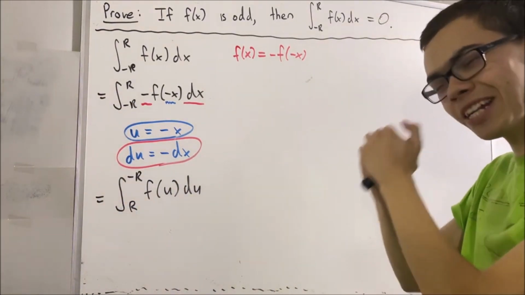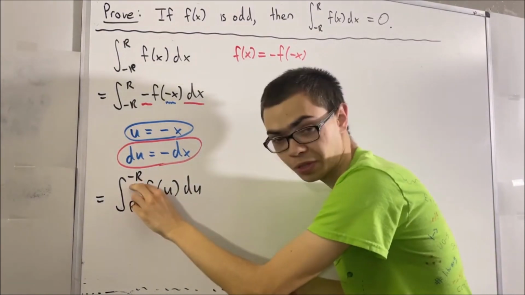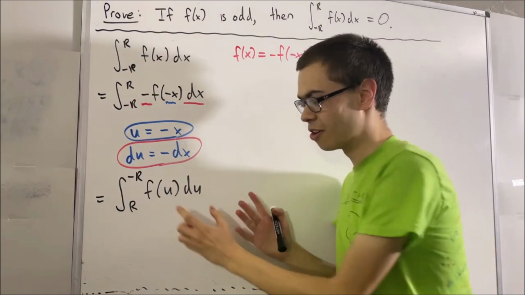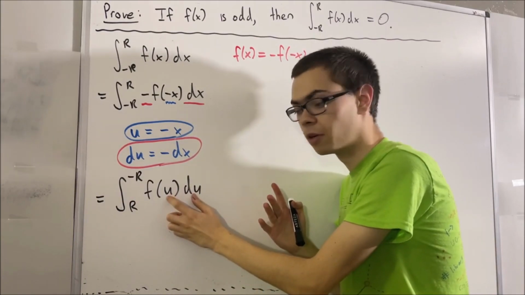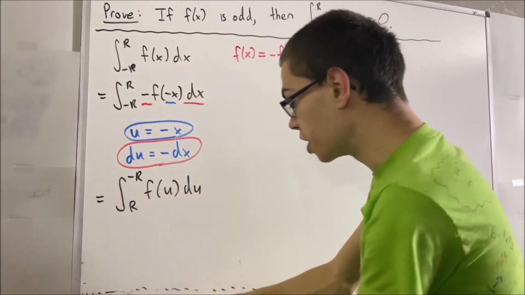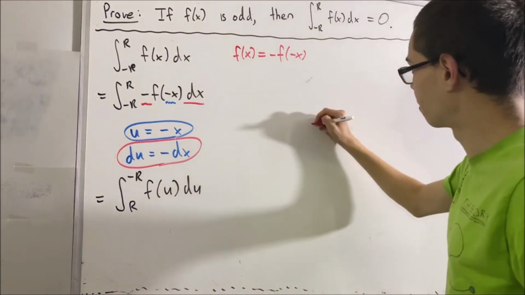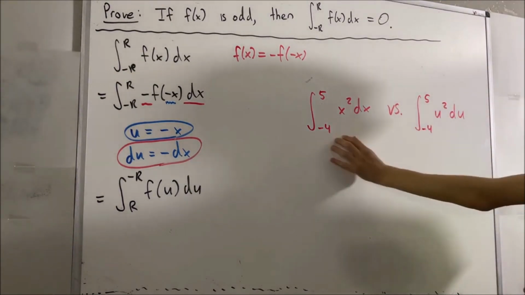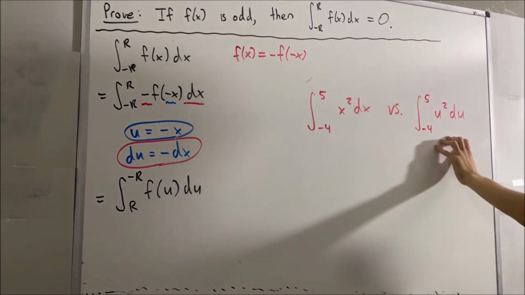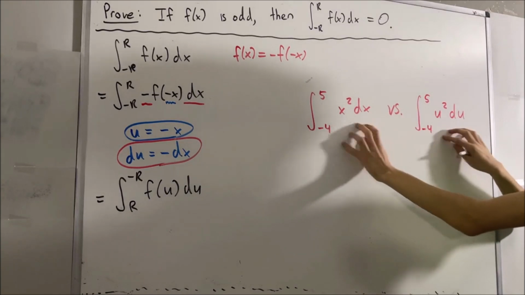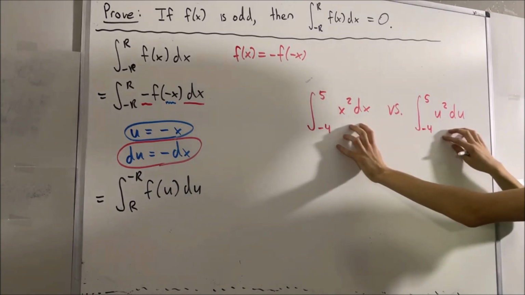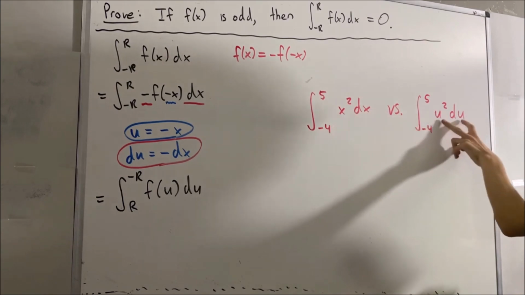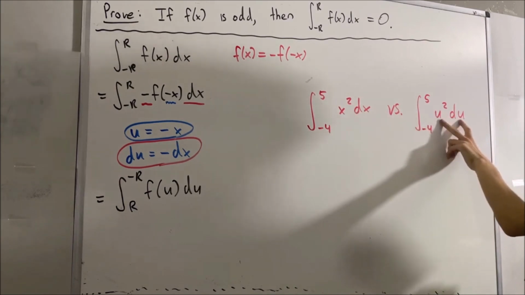But here's what's really interesting about definite integrals. When it comes to definite integrals, it doesn't matter what we call our variable. For instance, consider these two definite integrals. Is there any difference between these two definite integrals? I mean, maybe. Right here we have the variable x, but right here we have the variable u. But that doesn't matter.